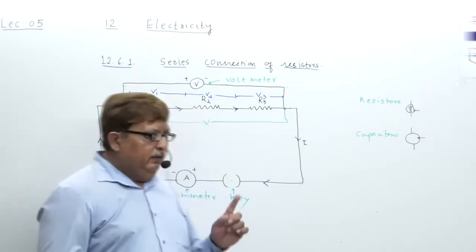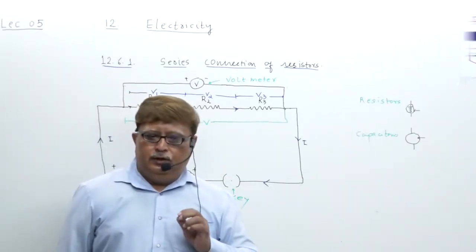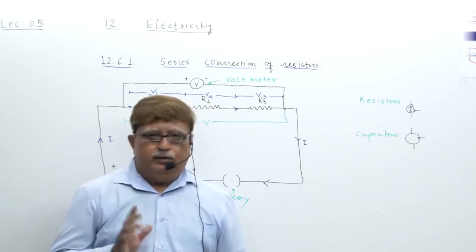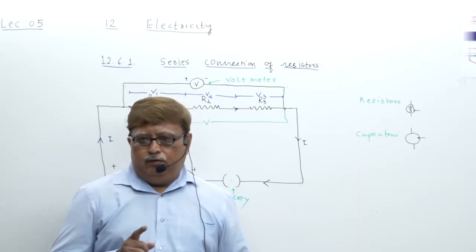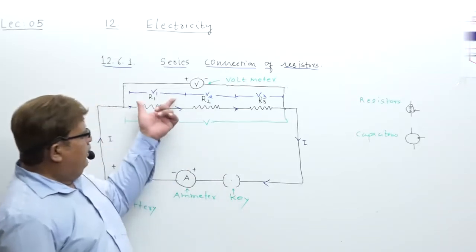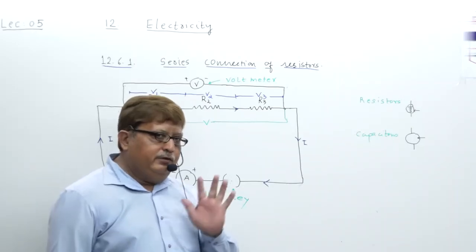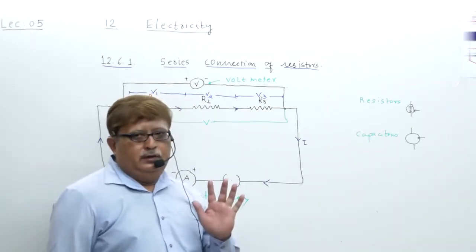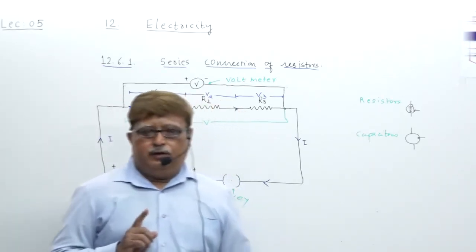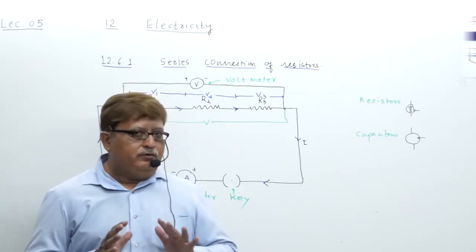First, the current flowing in all resistors is the same, means current flowing in all resistors is equal, but the potential difference across each resistor is different. Then they are said to be connected in series connection. You understood?